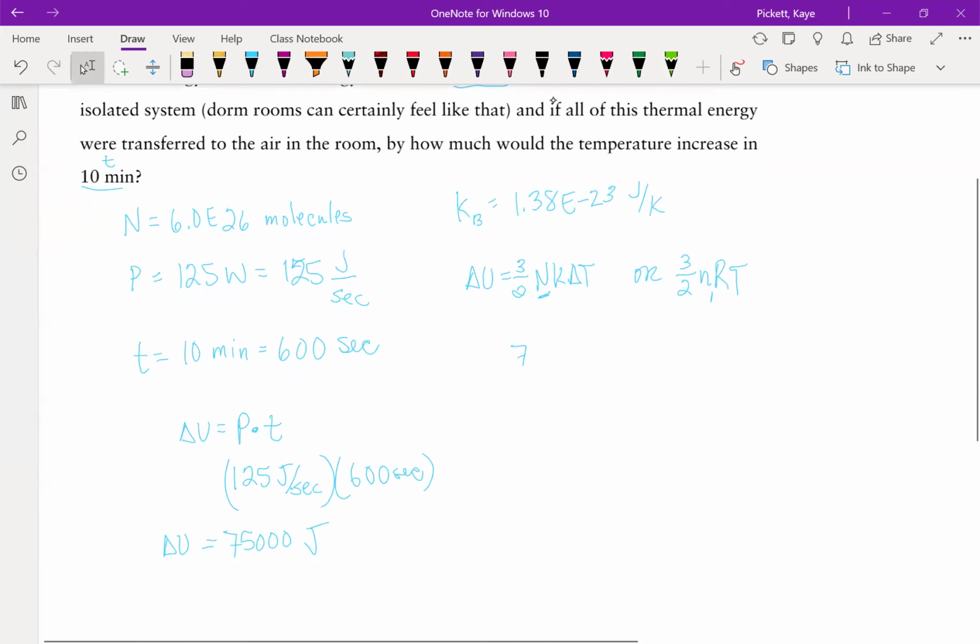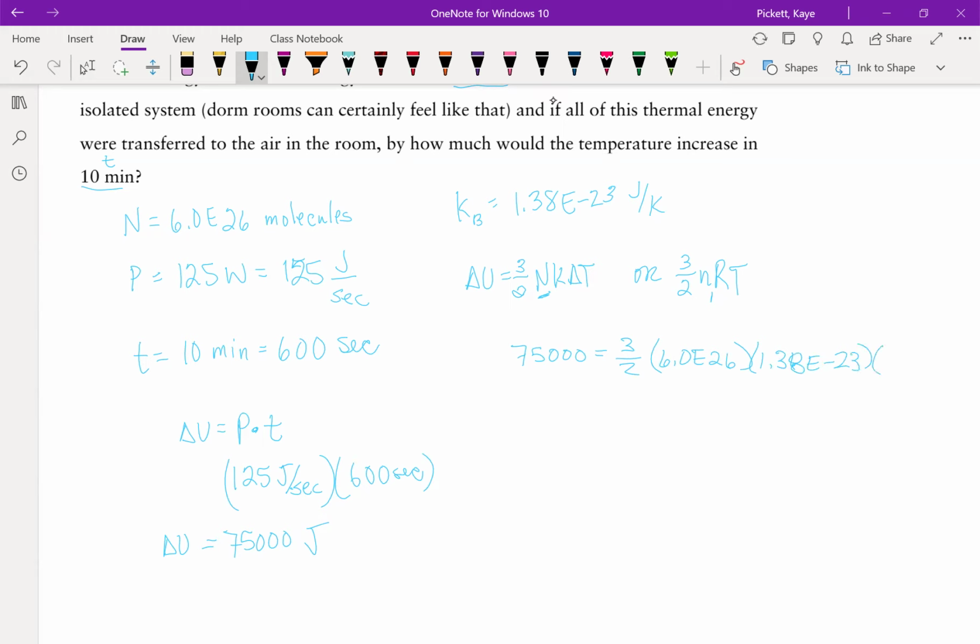So I'm going to say that 75,000 is equal to 3/2 times N, which was 6.0 times 10 to the 26th molecules, times k, which is 1.38 times 10 to the negative 23rd joules per Kelvin.